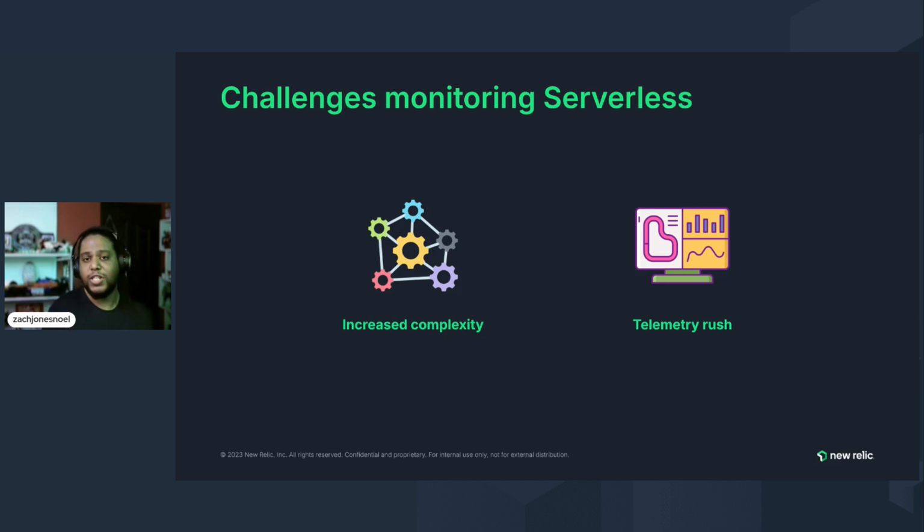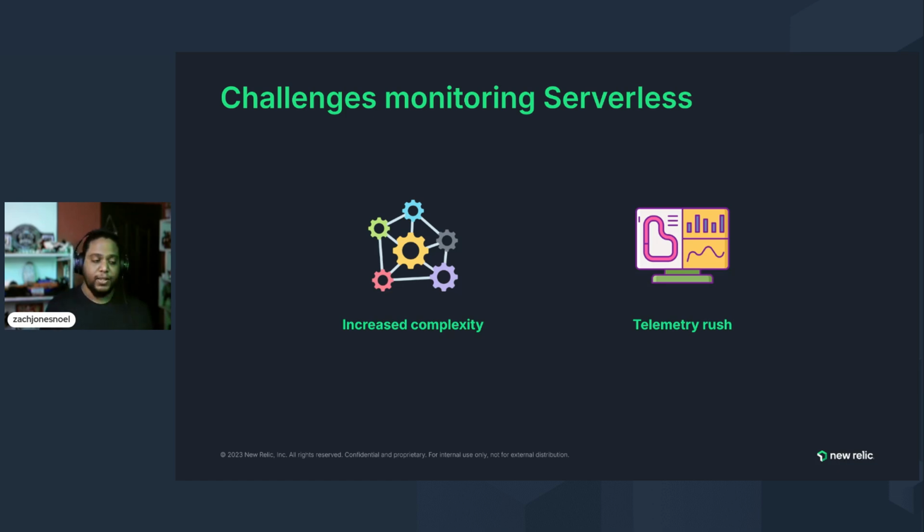And because there are too many components, there's a huge telemetry rush. Telemetry is the information about the logs generated from your application, the traces it creates, and also the events and metrics generated by the execution of your application.